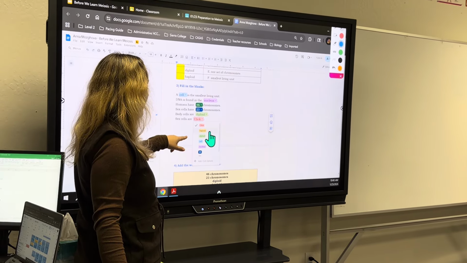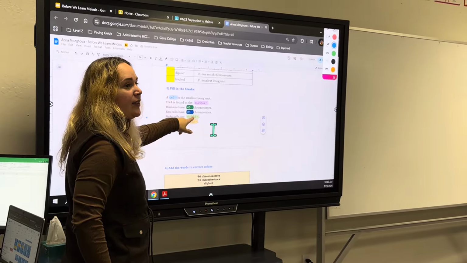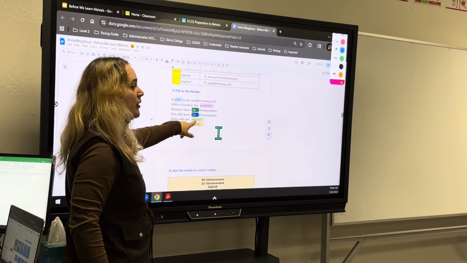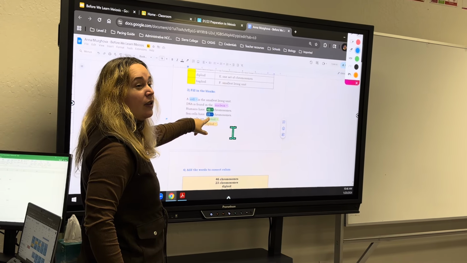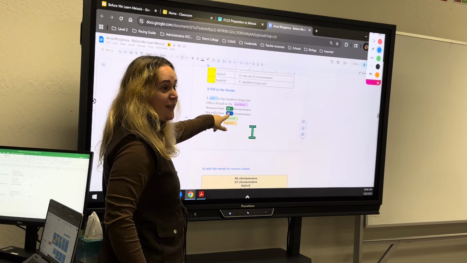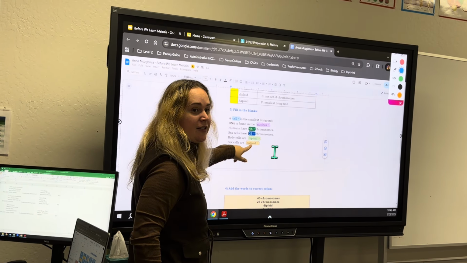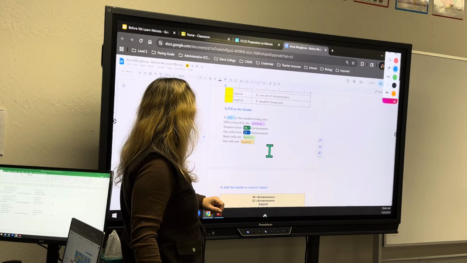Haploid. Yes. Who can tell me, diploid cells, how many chromosomes do they have? 46. Diploid cells have 46 chromosomes. Haploid cells have 23 chromosomes.